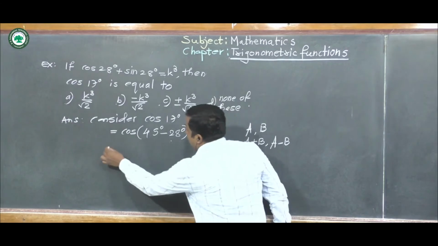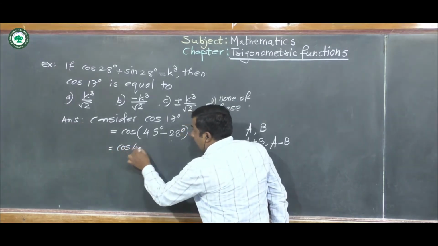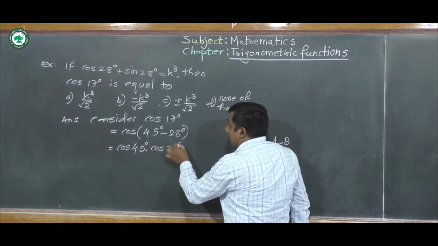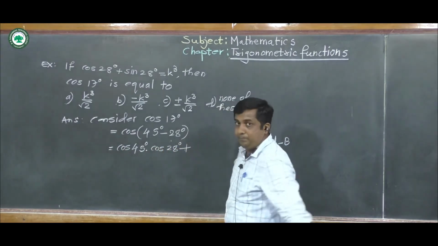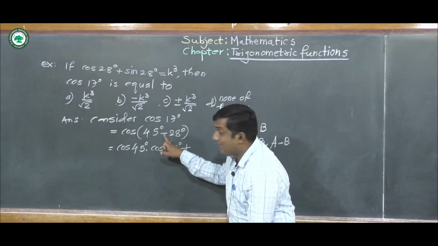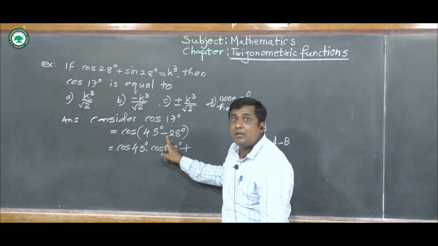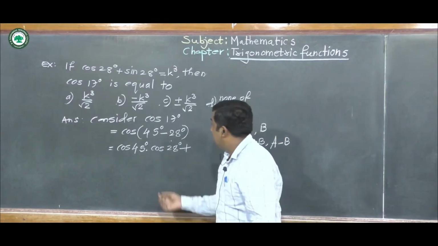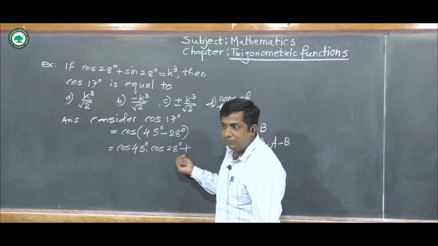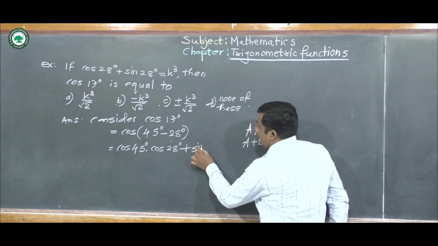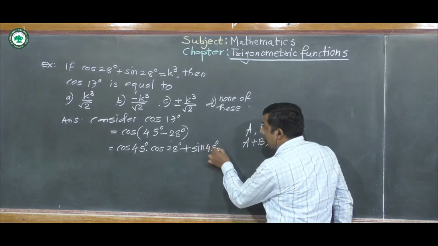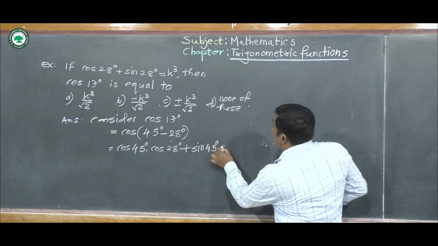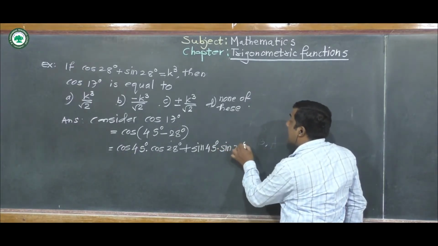So here I write cos of 45 degree into cos of 28 degree with plus sign. Remember, here if minus sign is given, then the cosine angle for the compound angle, here we consider plus sign. Then in next, here sine of 45 degree into in next here sine of 28 degree.